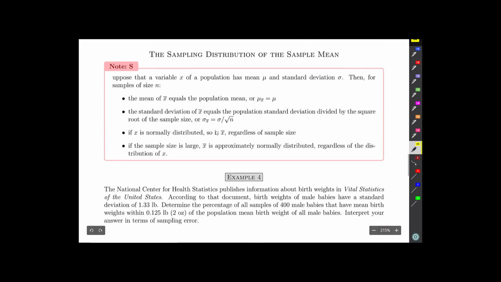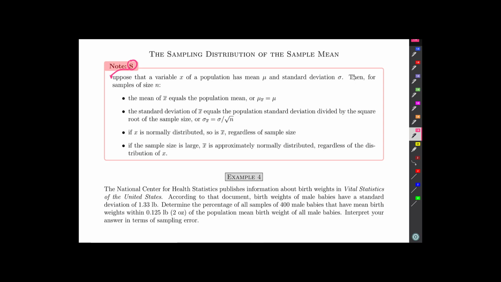And here is, I don't know why that says note S, I guess I wasn't paying attention when I typed, but that should say the sampling distribution of the sample mean. So suppose that a variable of a population has a mean mu and a standard deviation sigma.